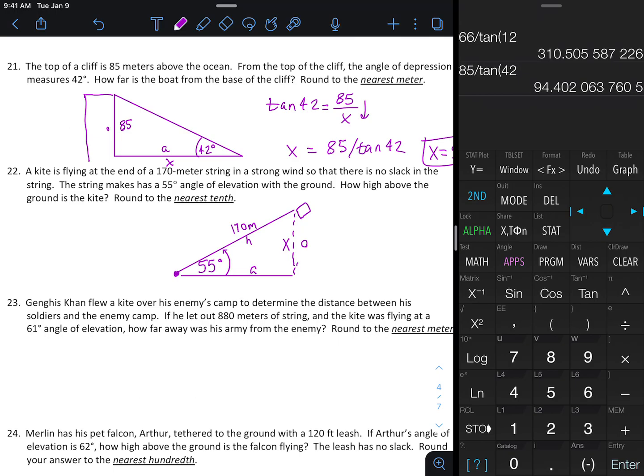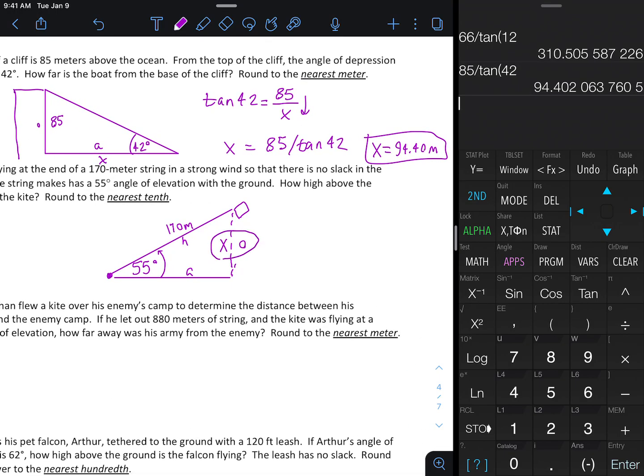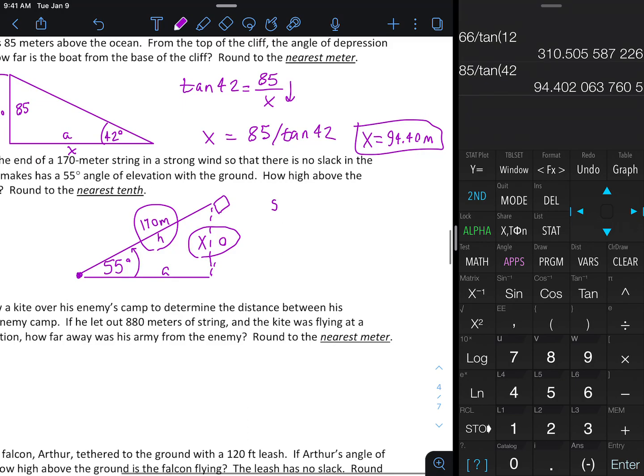So the trig function that uses O and H, if you go back to SOHCAHTOA, is the sine function. This will be sine of 55 degrees equals x over 170. And then you can cross multiply and divide. That'll be x is 170 times sine of 55 degrees. This time you multiply, because x is in the numerator. If x is in the numerator, typically that'll be multiplication.